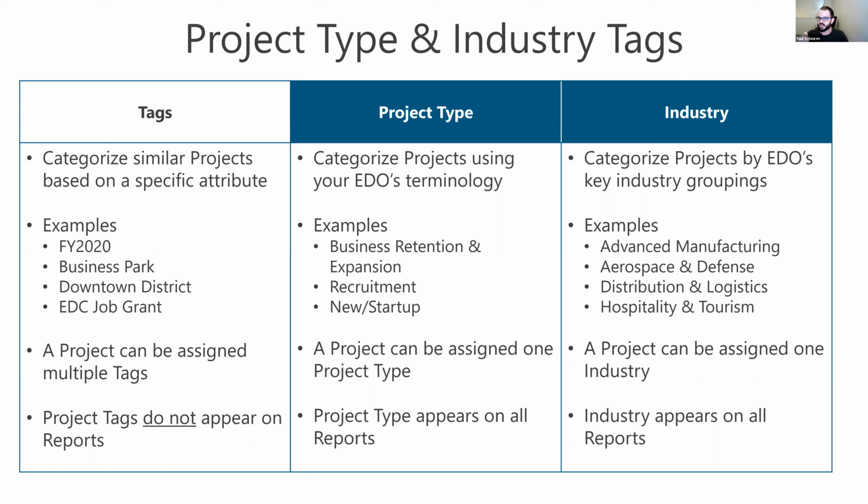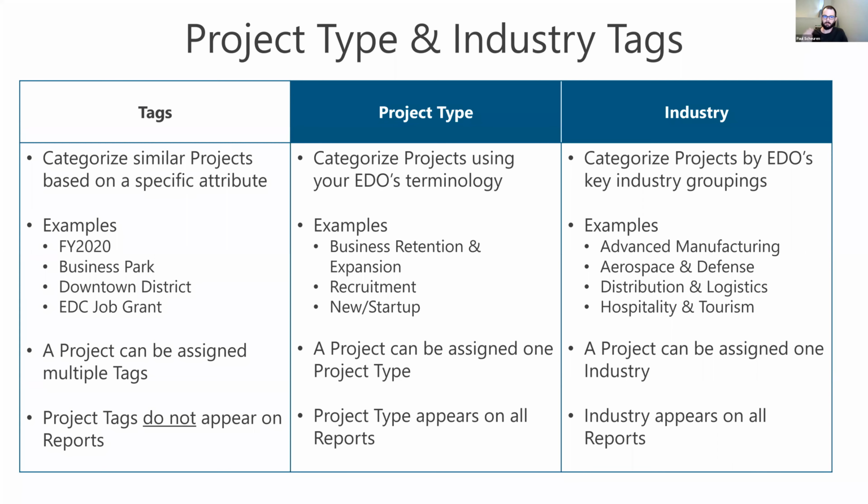Now, the industry tag has some similarities, as I mentioned, to the project type. This allows you to categorize your projects based on your organization's key industry groupings. Some examples might be advanced manufacturing, like we already saw on the previous page, or aerospace and defense, distribution and logistics, hospitality and tourism.